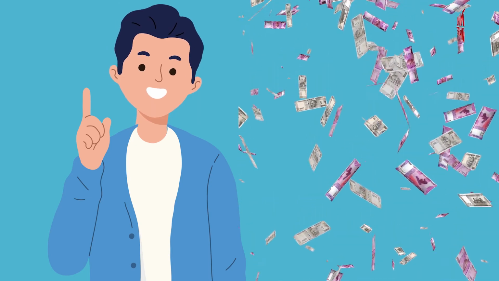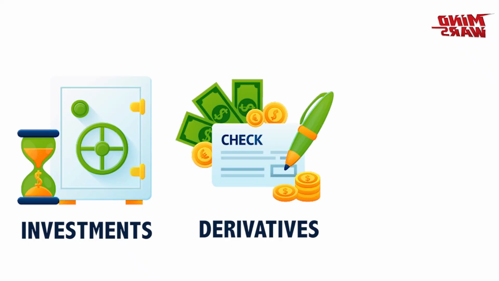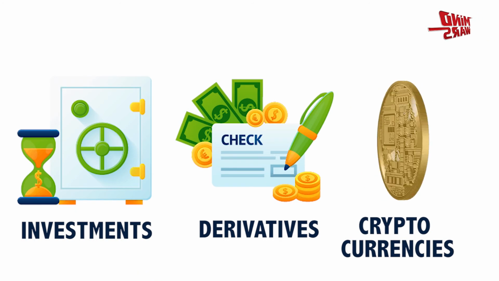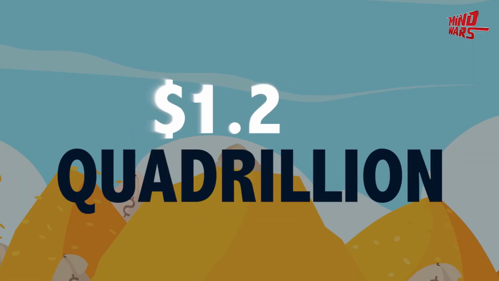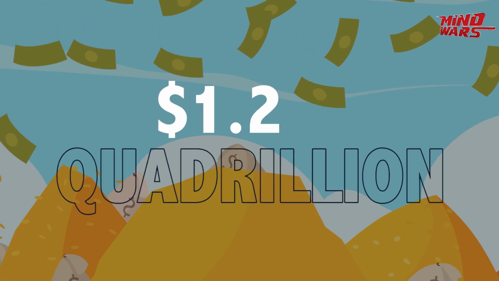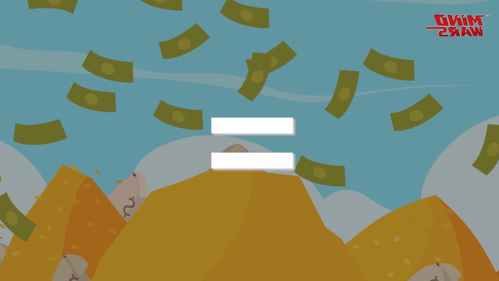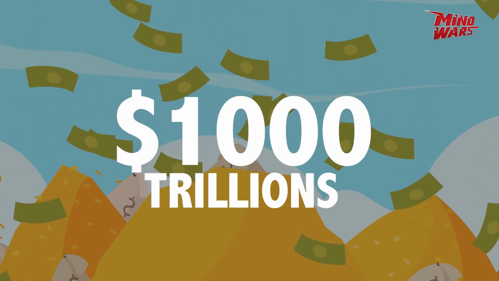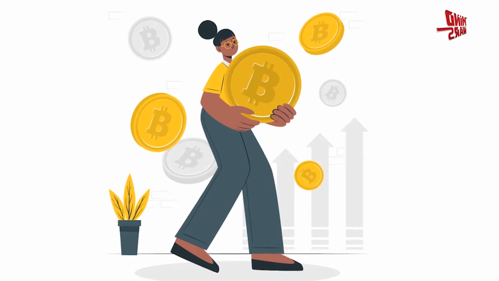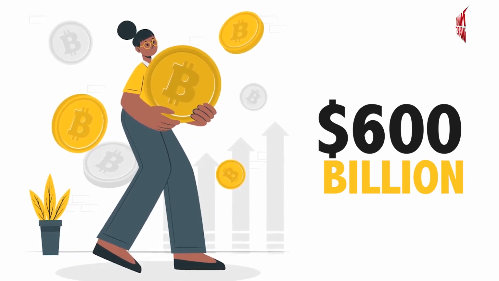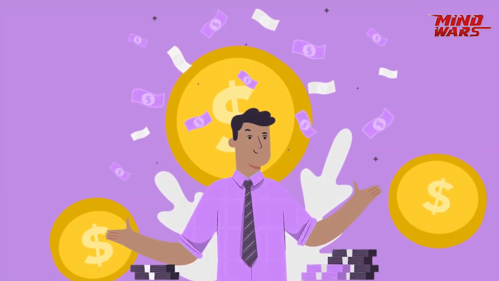And if one were to consider money in the form of investments, derivatives, and cryptocurrencies, it would come to 1.2 quadrillion. Yes, quadrillion. That's equal to 1,000 trillions. With cryptocurrencies already worth 600 billion, the world of money is only going to grow bigger.